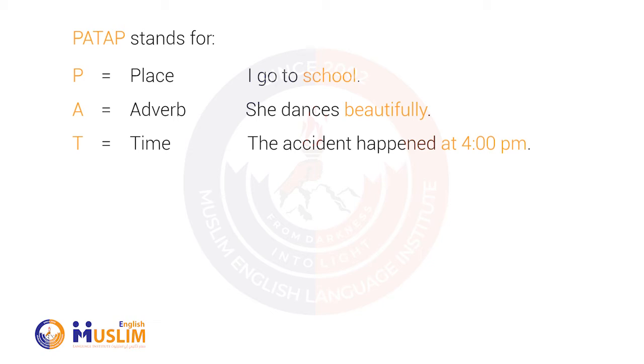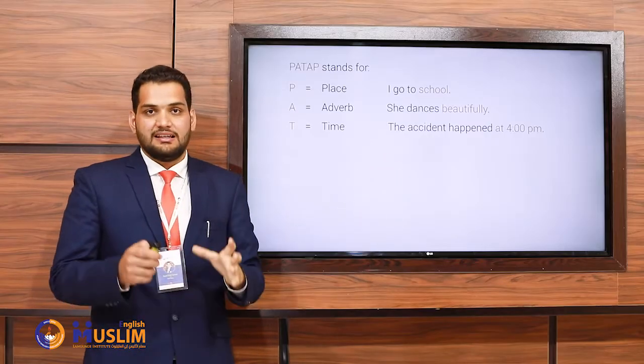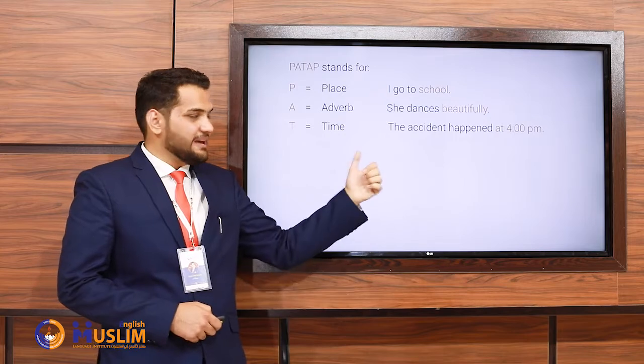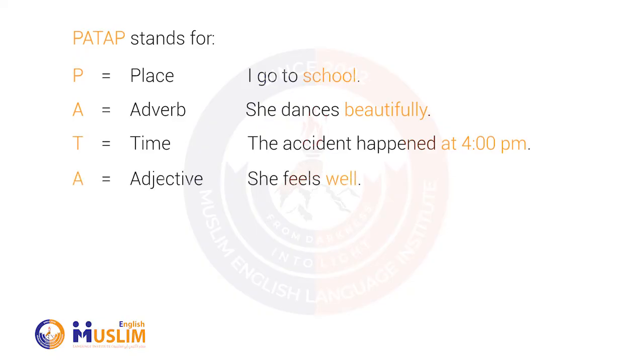For example, the accident happened at 4 p.m. At 4 p.m. is a time expression, and happened is the intransitive verb. A stands for adjective. For example, she feels well. Well is an adjective, and feels is an intransitive verb.